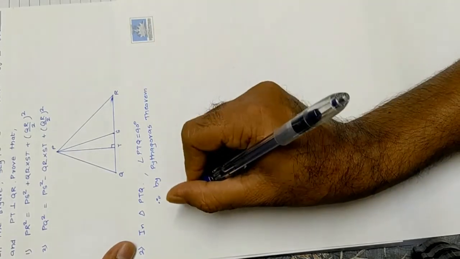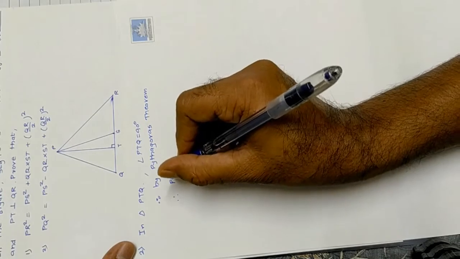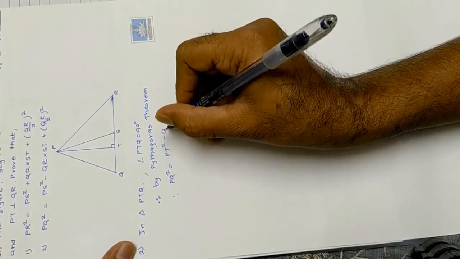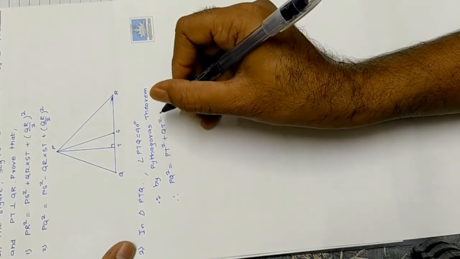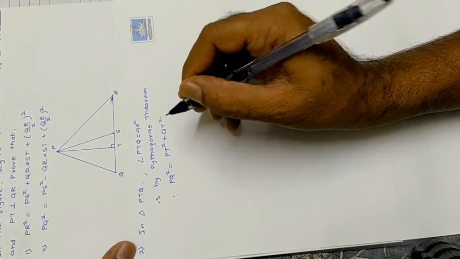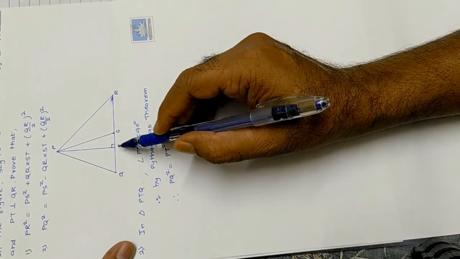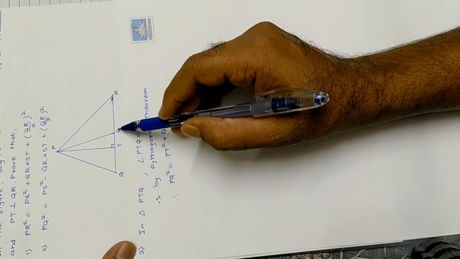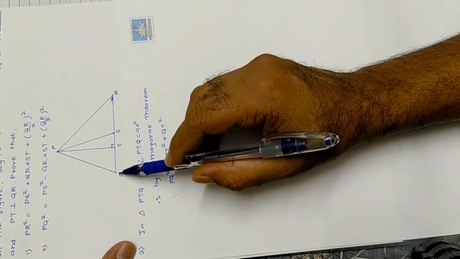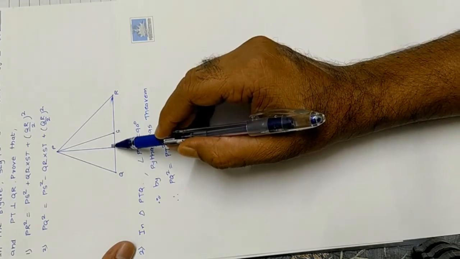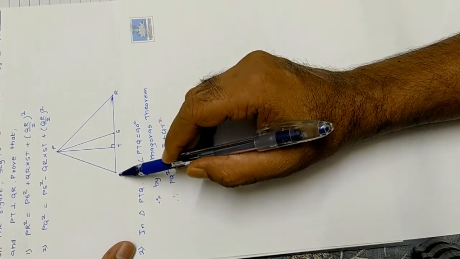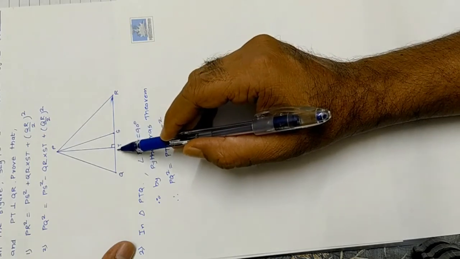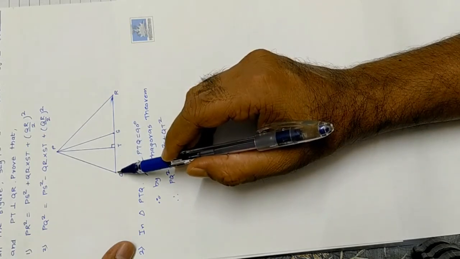Yes, tell me how you will write it. PQ square is equal to PT square plus QT square. Correct or not? Now QT is nothing but from QS. Now understand it very carefully. From segment QS, if you subtract TS, you will get QT. I'll repeat. From segment QS, if you subtract TS, you will get QT.